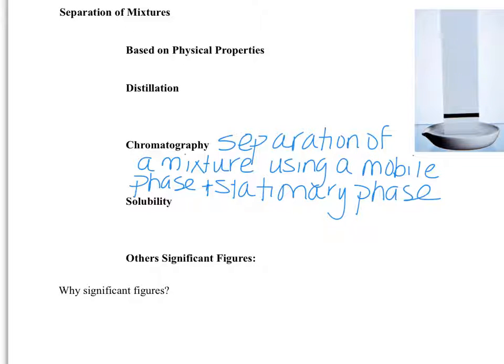So as particles travel, some particles move further than others up the chromatograph. And that's based on whether they have more of an affinity for the mobile phase or the stationary phase. Some of it can also be due to particle size. Smaller particles tend to move further. Okay? Other particles that are bigger tend to move less distance. We're actually going to do a lab this year where you actually calculate the distance of particles that move and try to identify which ions they are.